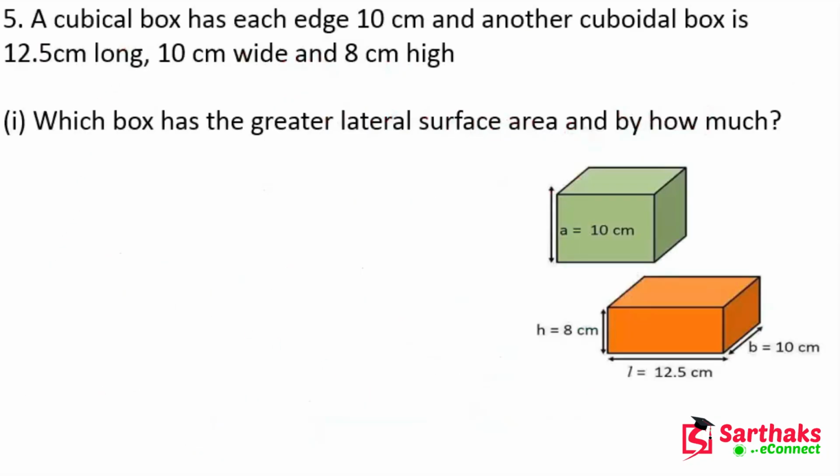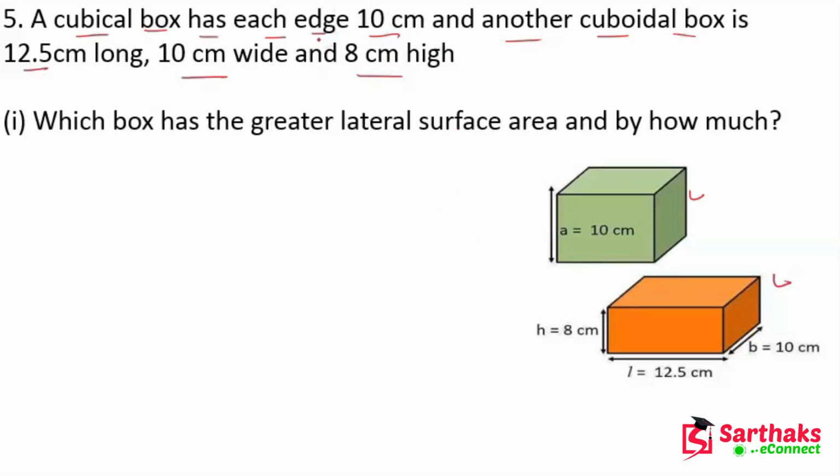The next question states that a cubical box has each edge 10 centimeter and another cuboidal box is 12.5 centimeter long, 10 centimeter wide and 8 centimeter high. Here we have two boxes, one cubical and the other cuboidal.